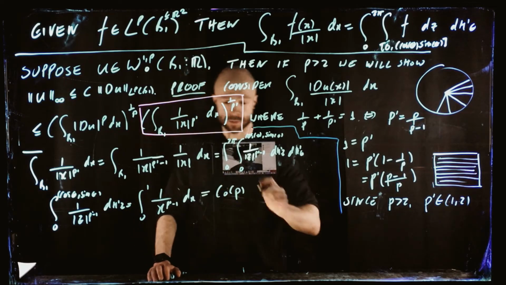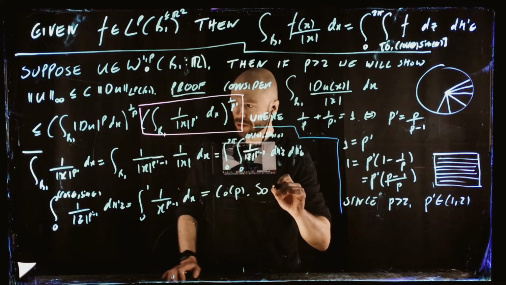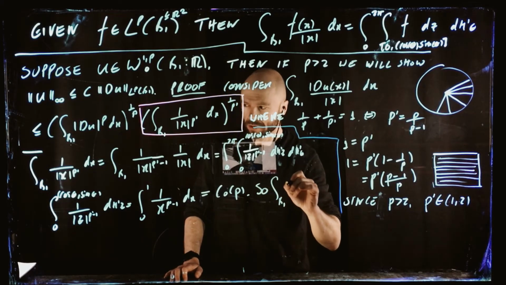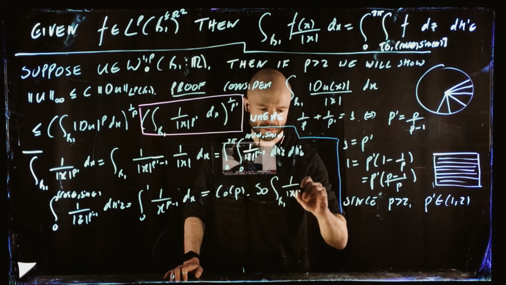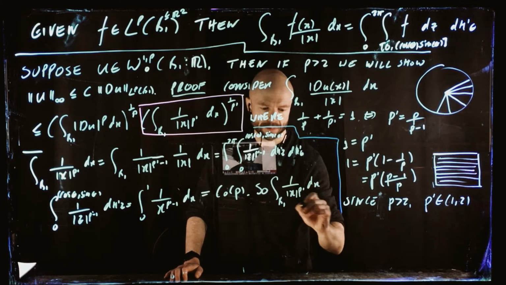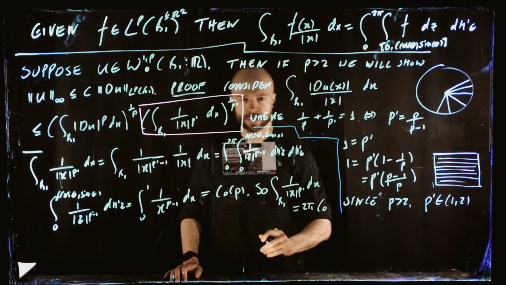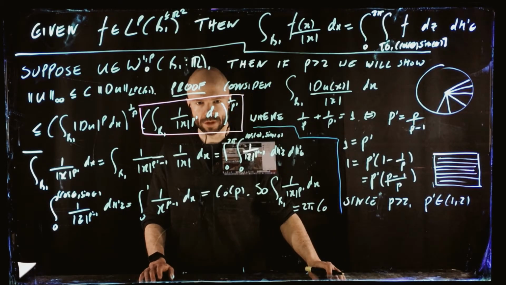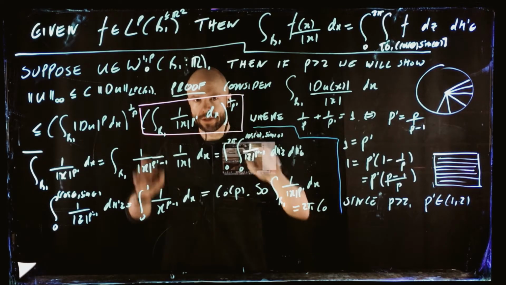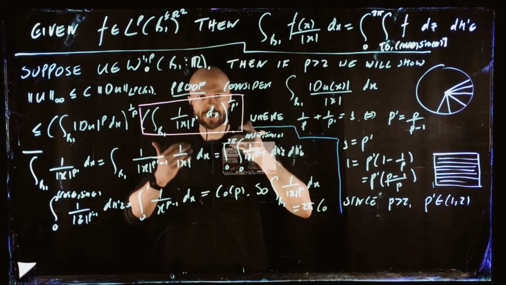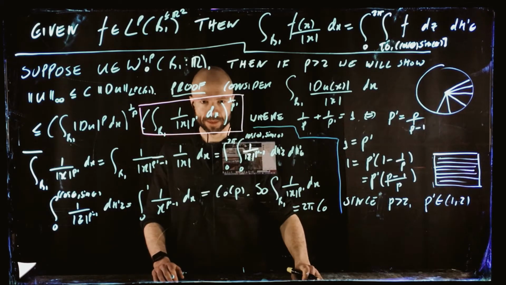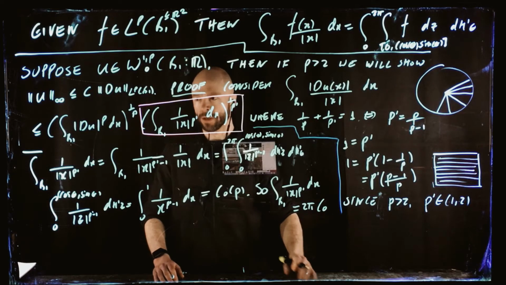Yeah? So we actually have this. It's just 2 pi times this particular constant, c0. Yeah? Everybody happy? So this thing in the red box is just some universal constant just depending on p. Yeah.